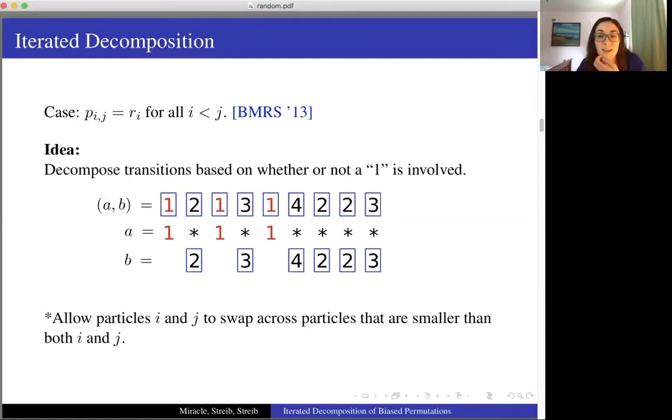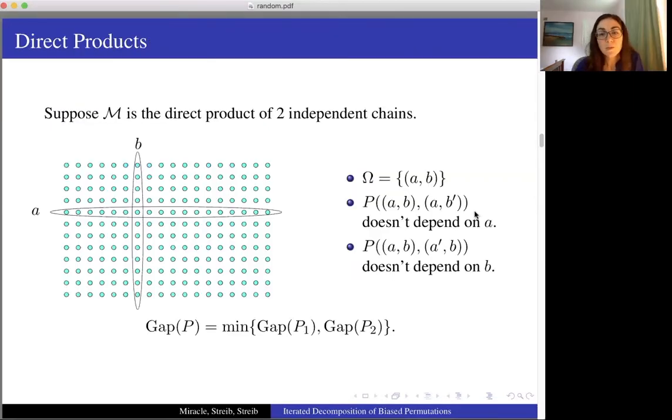Okay, so in this case, the Markov chain is actually a direct product of the Markov chain that operates on B and the Markov chain that operates on A. If you look at the direct product of two independent Markov chains, here a row is labeled by A and a column is labeled by B, and for any AB there's a unique element in here.